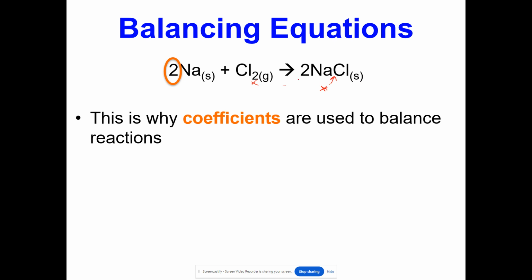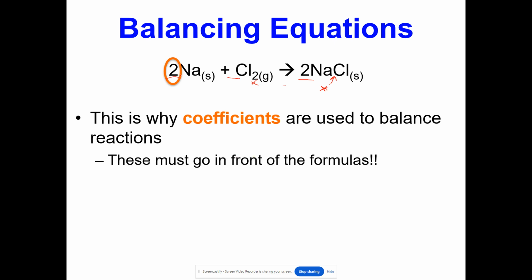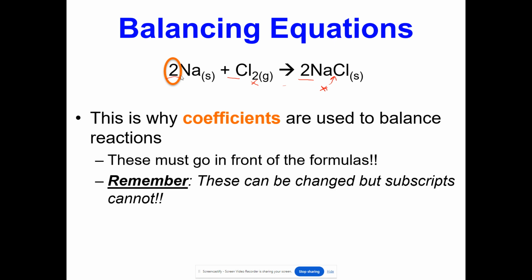All you can change are the coefficients that go in front of each substance. So change coefficients to balance, and leave subscripts alone because you don't want to change the substances, just the amounts. So no changing of subscripts.